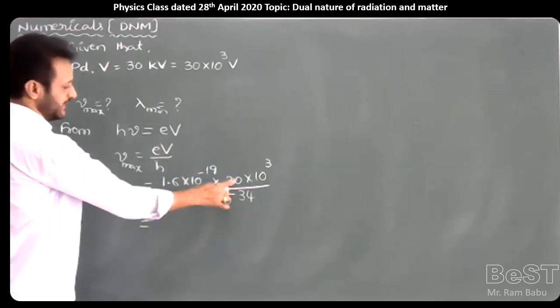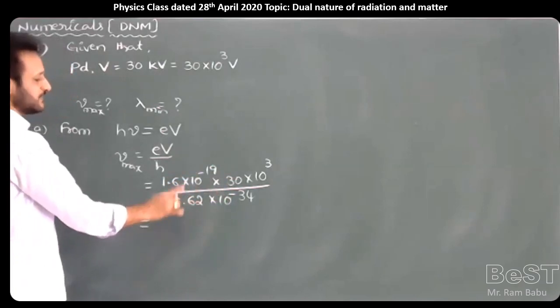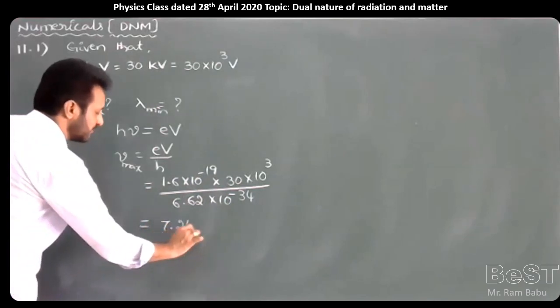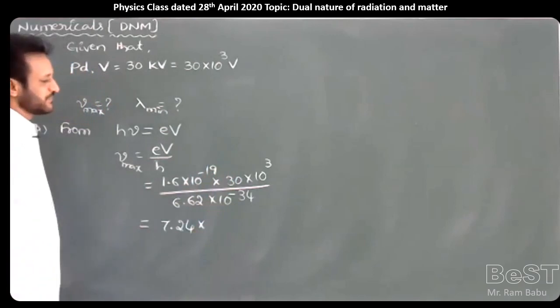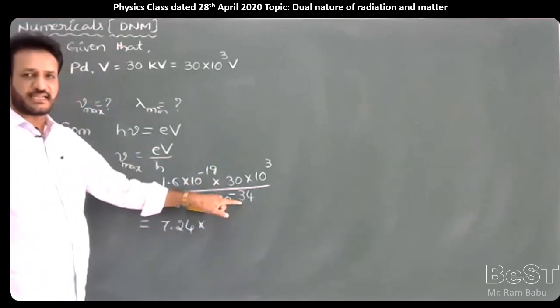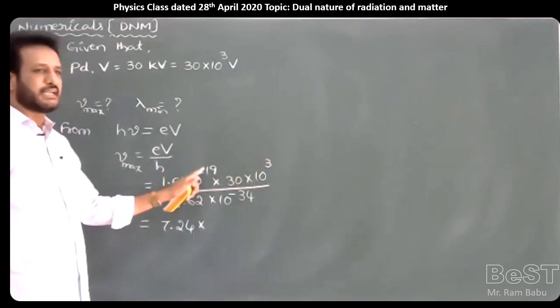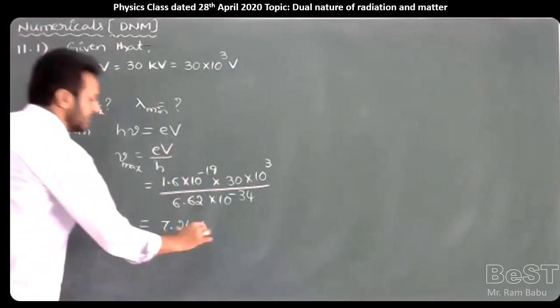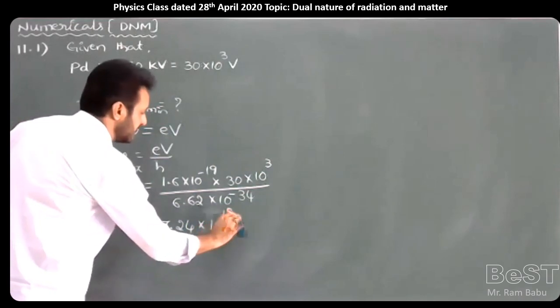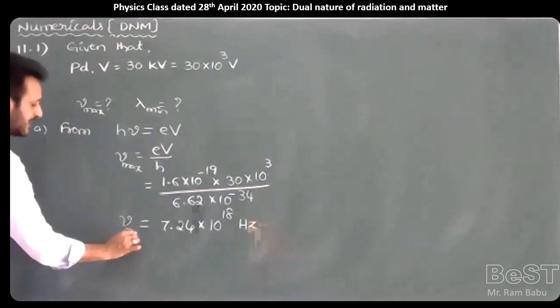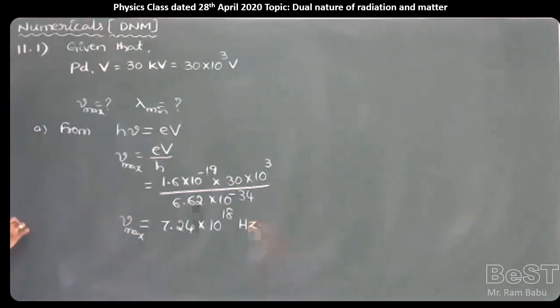That gives 7.24 into, now check the powers. Here, if you take minus 34 to the numerator, plus 34, 34 plus 3 is 37, 37 minus 19 is 18, into 10 to the power of 18 hertz. It is the maximum frequency of X-rays. So we can write here, maximum frequency of X-rays.